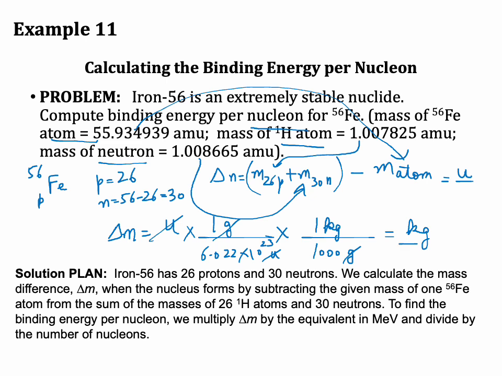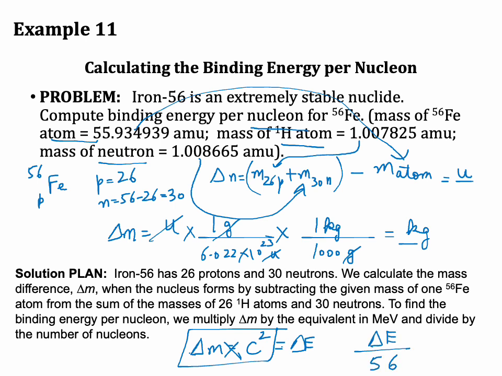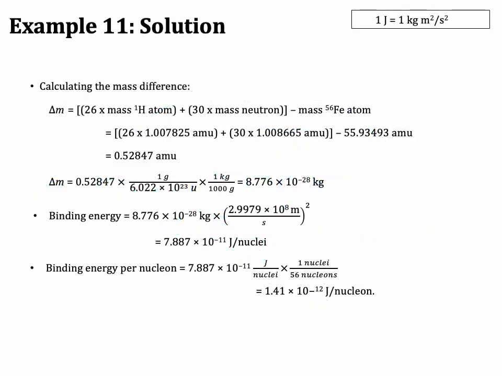Once you have this in kg, multiply delta M times C square, and that is your answer for nuclear binding energy. But the question is asking again per nucleon, so you take this number which is your delta E, divided by total nucleons which is 56, and that is your final answer. It's all written right here.